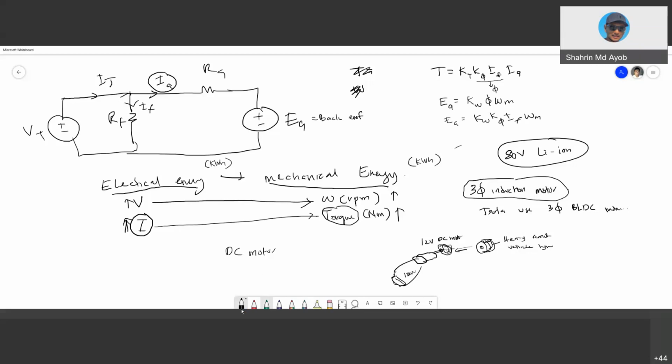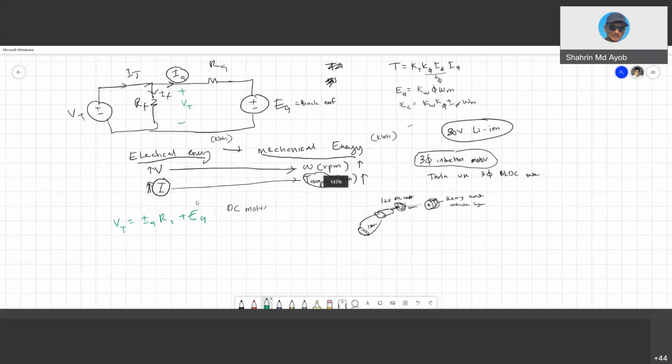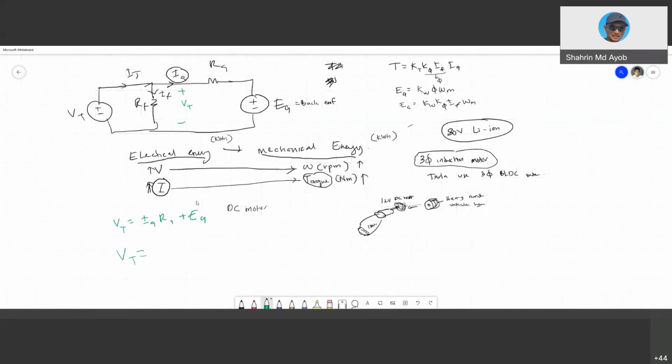The other parameters are based on basic electrical circuits. We know that VT is equal to IA RA plus EA. And VT is also equal to IF RF.